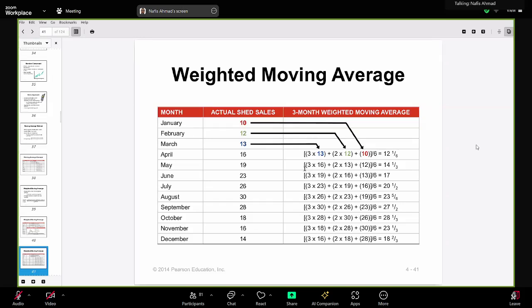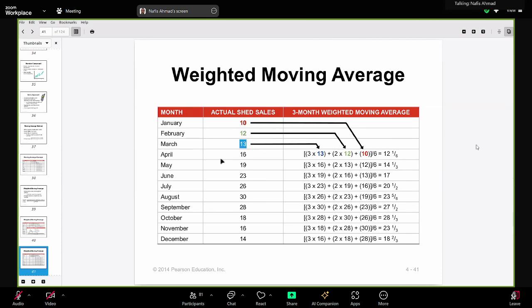This is the calculation. For example, we have 3 actual sales data points: January, February, and March. In January, the number of shares sold was 10. In February, it was 12. In March, it was 13.